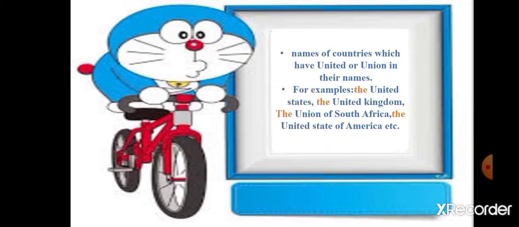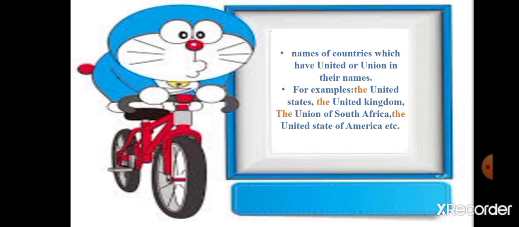Let's come to the fourth and last rule, that we will put the with the names of countries, but only those countries that have united or union in their names. It is not necessary to put the before every country.